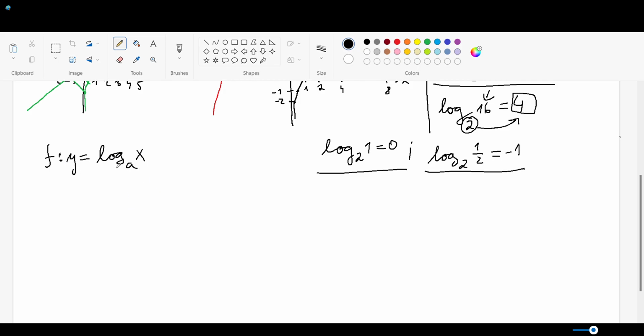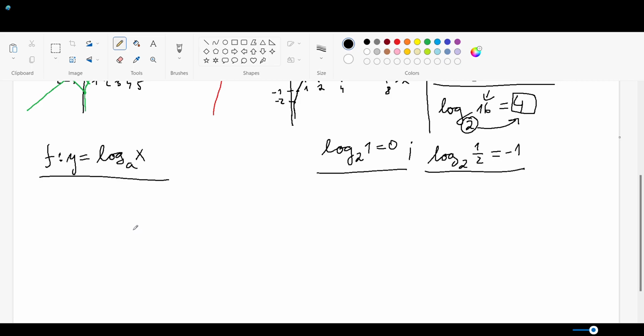What it means, and the question we are asking, is: how many times did we grow with a to get x?